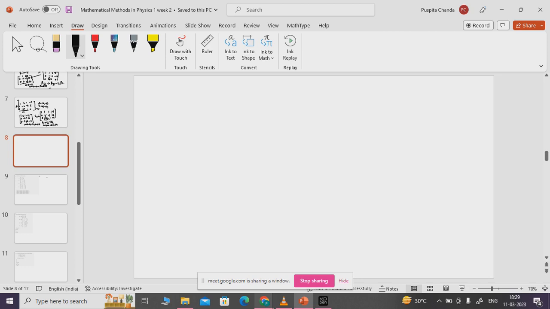Now option C. The system C is 1, 2, 3, 3; 3, 2, minus 1, 5; 1, minus 2, minus 7, minus 1.